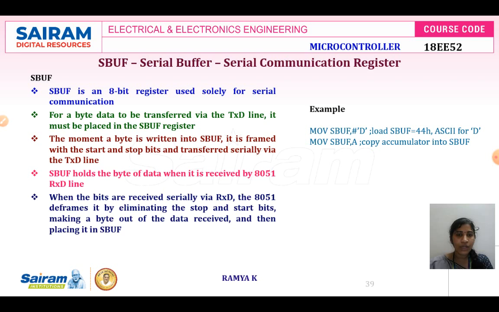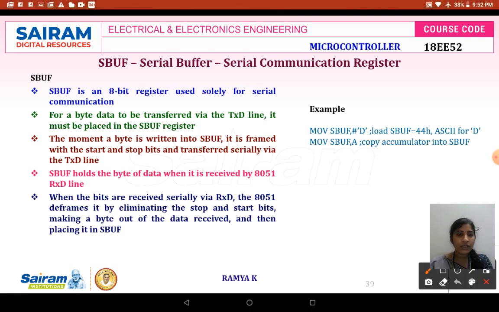A is nothing but your accumulator. The syntax for this particular instruction is that the content of your accumulator is moved as the content of the SBUF register. For example, consider I use MOV A, #0AH.